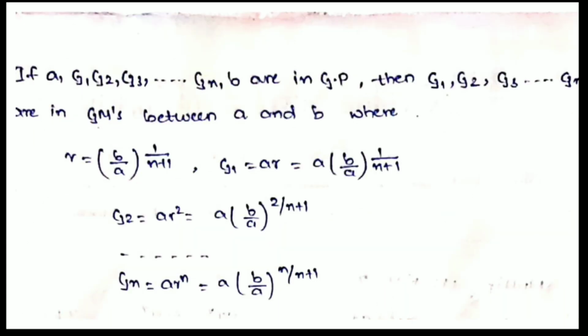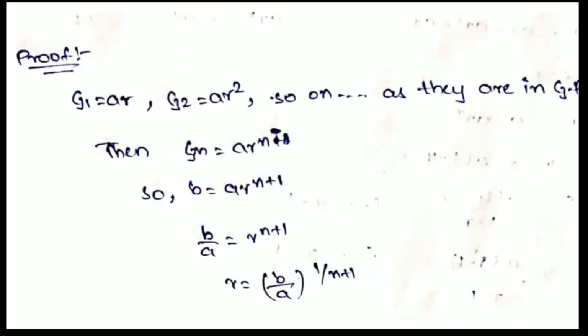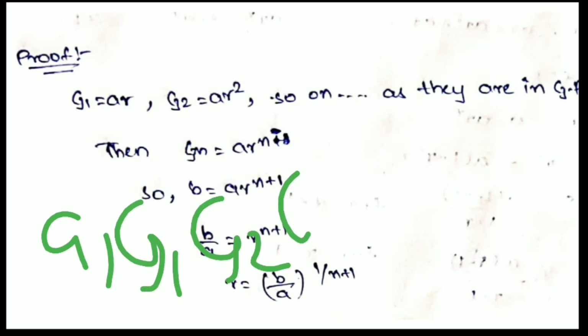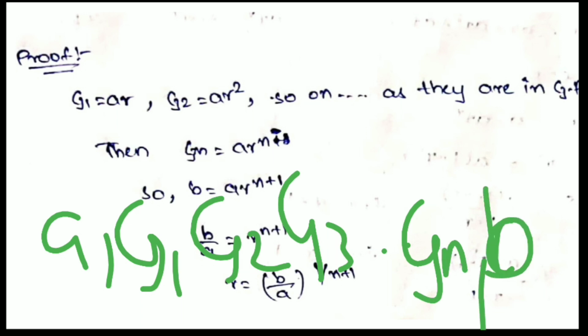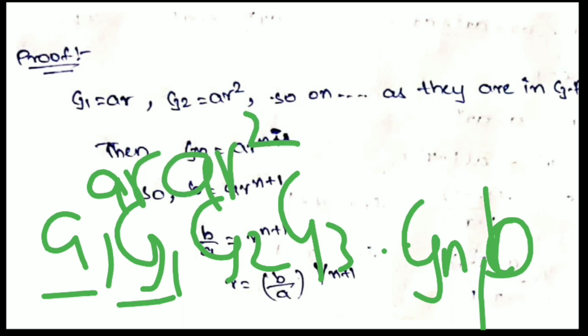Now the proof: we have the sequence A, G1, G2, G3, and so on, Gn and B. Here A is the first term, G1 is the second term, that is AR. G2 is the third term, AR square. G3 is the fourth term, AR cube.